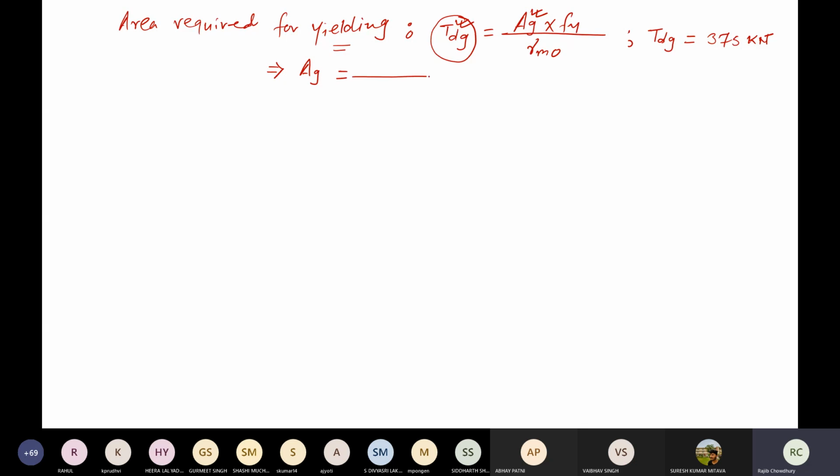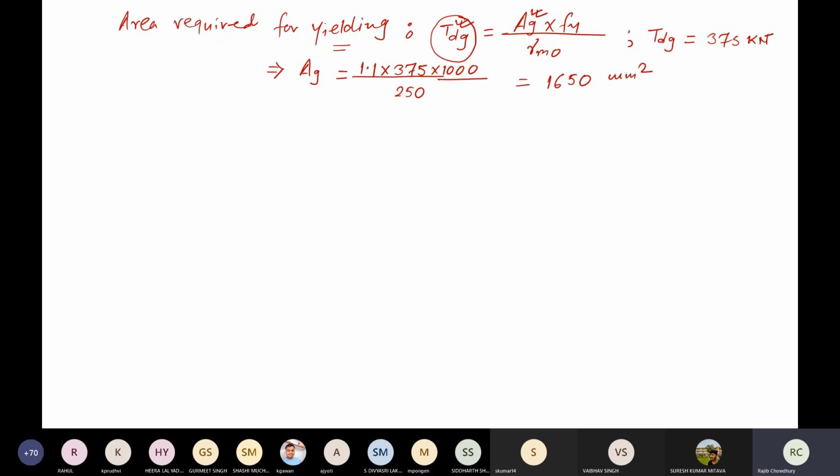So the gross area required would be 1.1, that is gamma m0, multiplied by 375. Kilonewton is there, so I am providing it in Newton, and divide by Fy. Fy is 250 Newton per mm square. So from here it is coming 1650 mm square. So this much area at least is required.